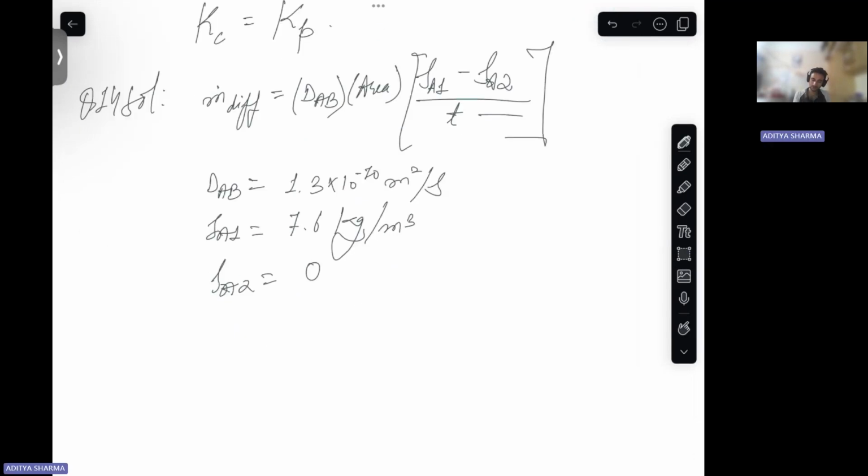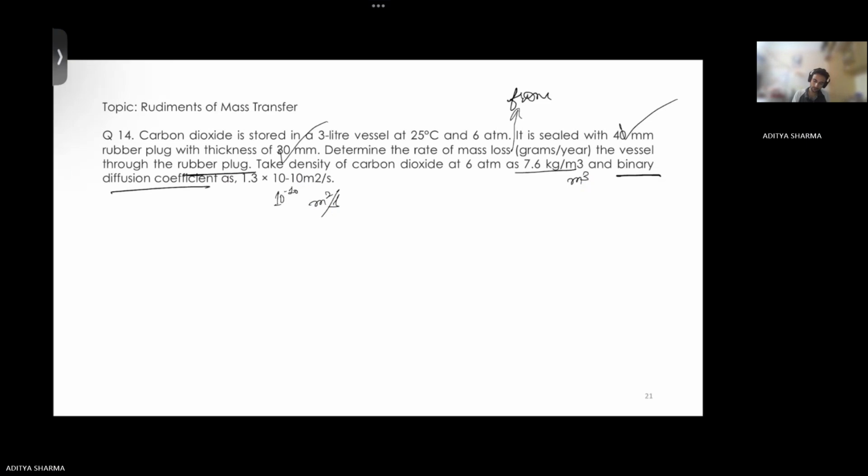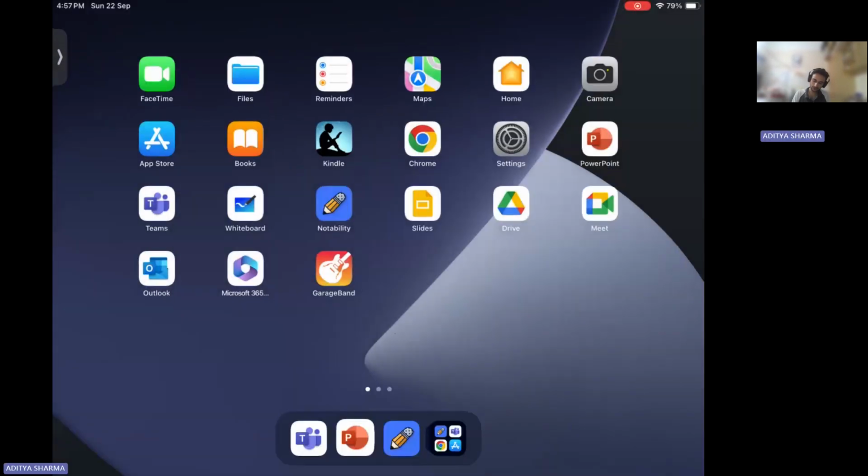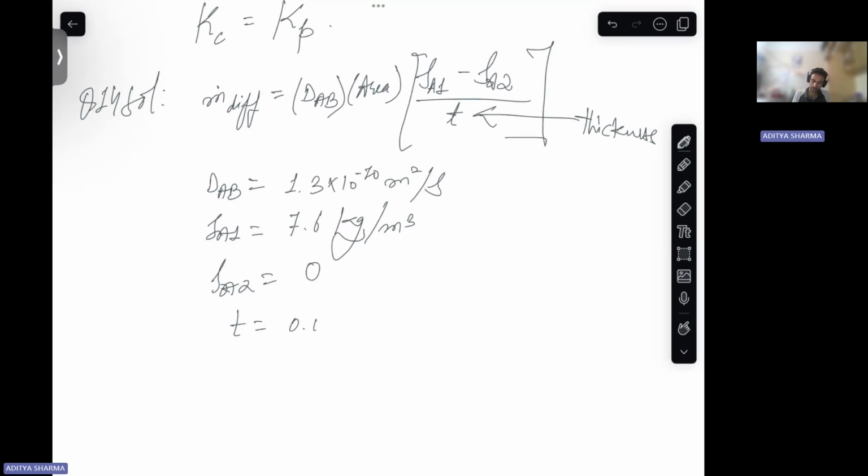Sorry, here is thickness, not time. If I have by mistake called it that, this is thickness. The thickness is 30 mm, that is 0.03 meter.